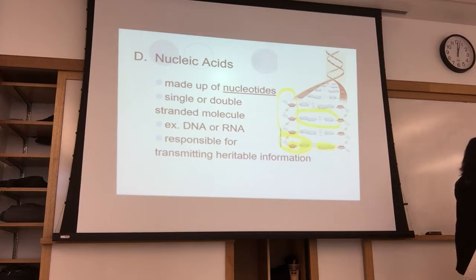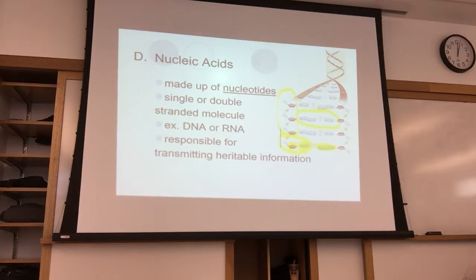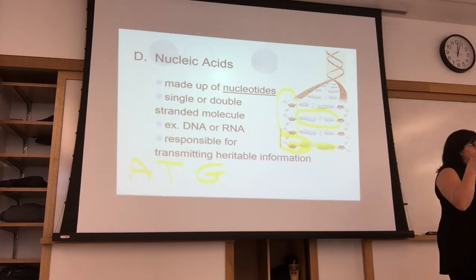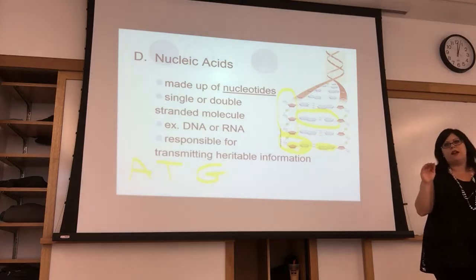So if I said that I have an A and a T and a G in my DNA, and I wanted to make RNA, then all I have to think about is the base pairs in RNA. Remember, there's no T in RNA.